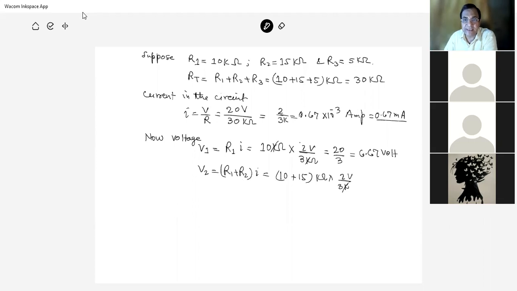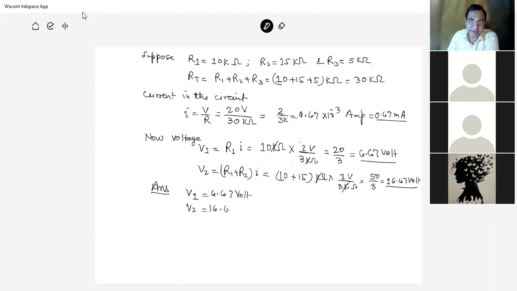So this kilo cancels. 10 plus 15 is 25, 25 into 2 is 50, 50 by 3, so it is 16.67 volt. So the answer is V1 is 6.67 volt and V2 is 16.67 volt.